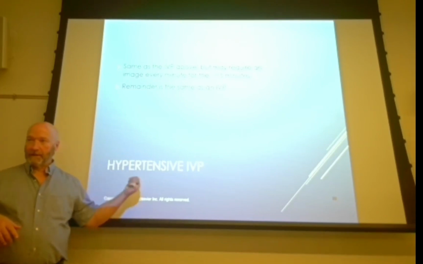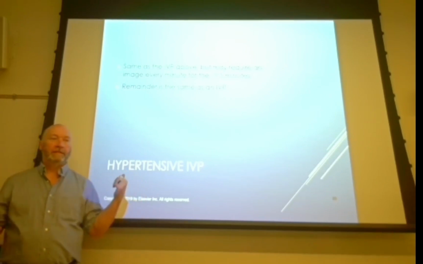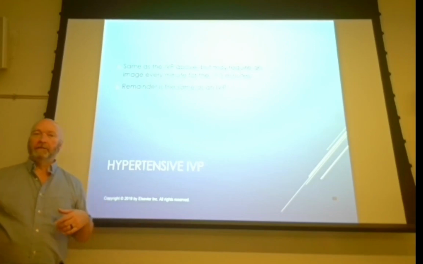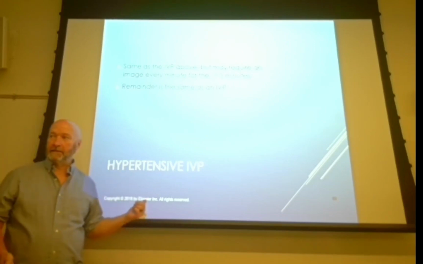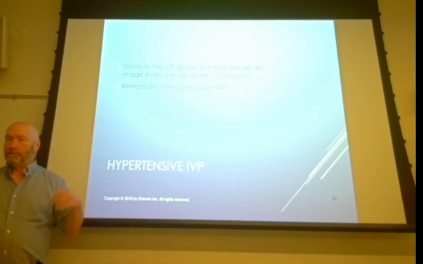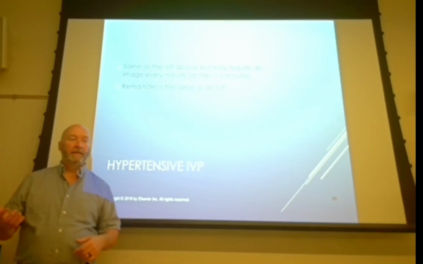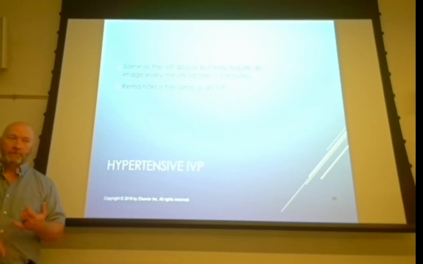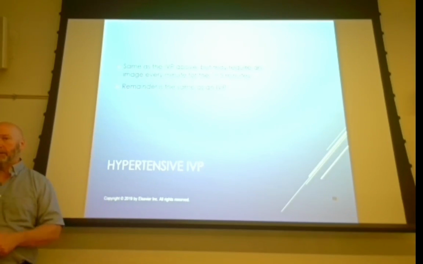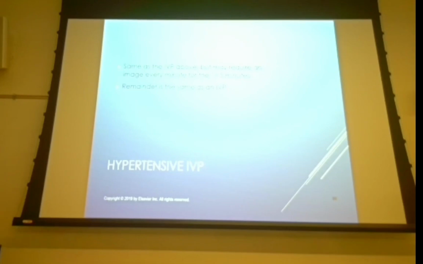We'll do something like an IVP for a while, and they say, well, studies show we get much more information out of a CT, so we'll do CT for a while. Then insurance stops paying for CTs for kidney stones, so we go back to IVPs, right? So throughout your career, you may see IVPs come and go, okay? So you've got to know this stuff. Once we get into the biliary system, unless you're working in a specialty area like special procedures or interventional surgery, you're just not going to do a whole lot of biliary studies, and we'll talk about that in a minute. But you probably will eventually do IVP.